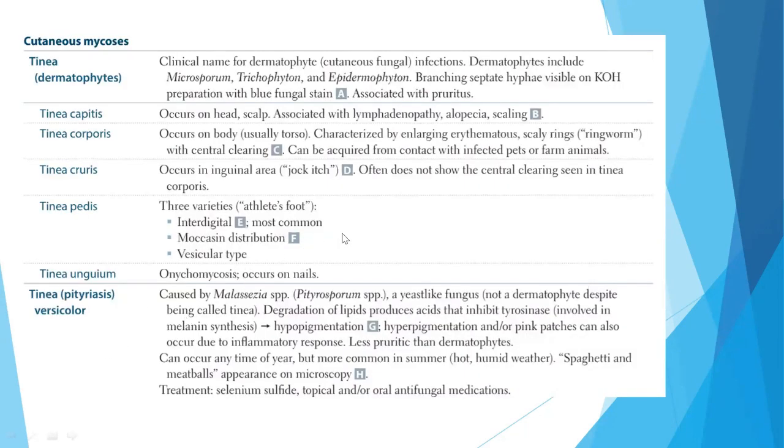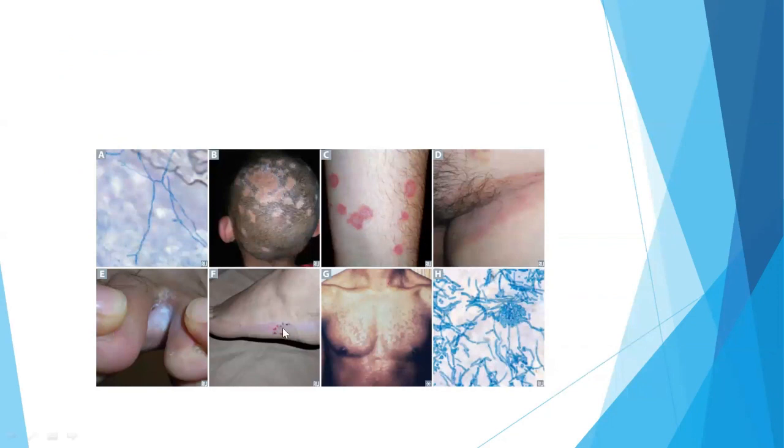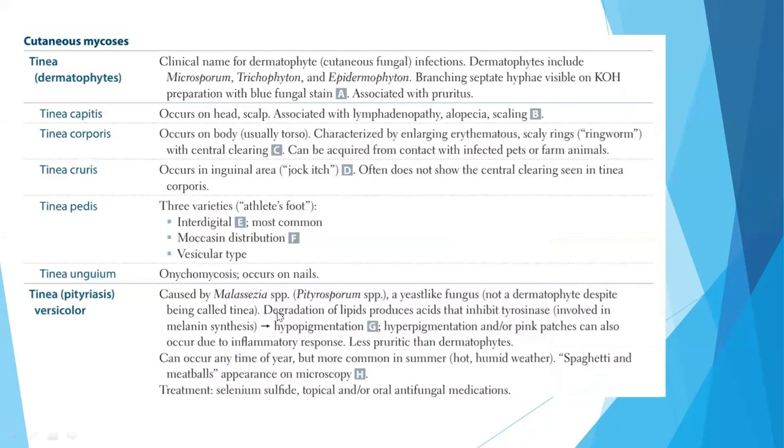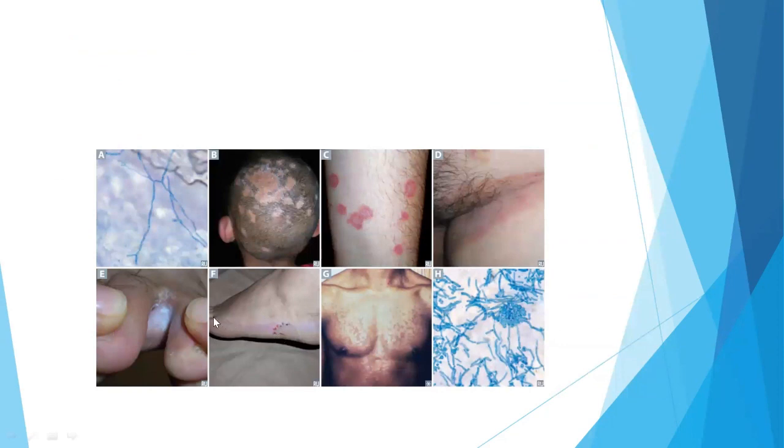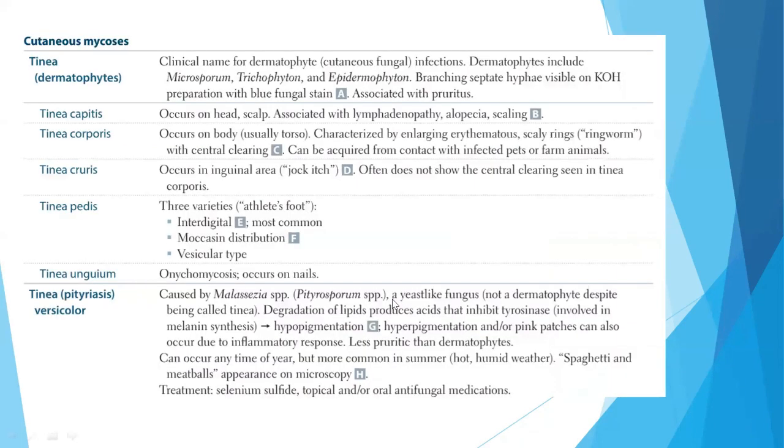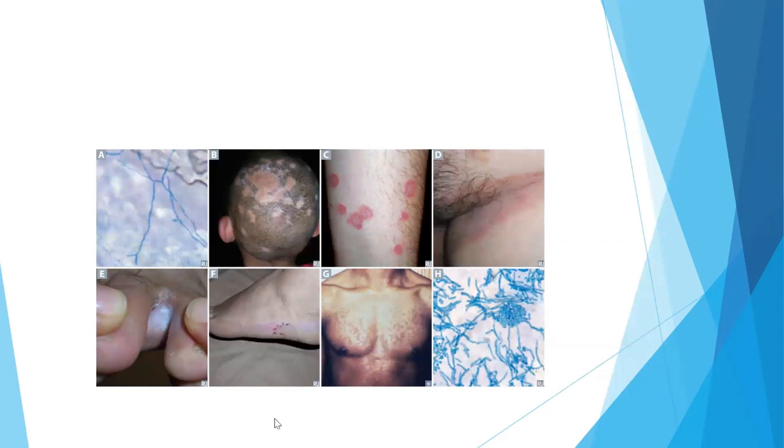This is tinea pedis, and this is F, the moccasin distribution. Like this line occurring, this line is called the moccasin distribution. And figures G and H are Malassezia, causing the hypopigmentation here, and this is the microscopic image.